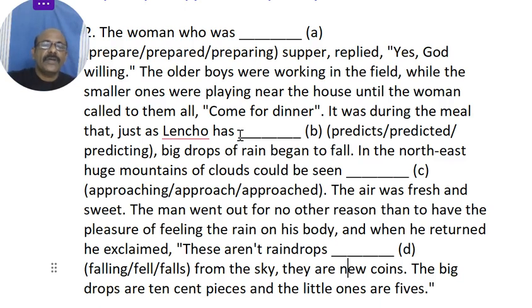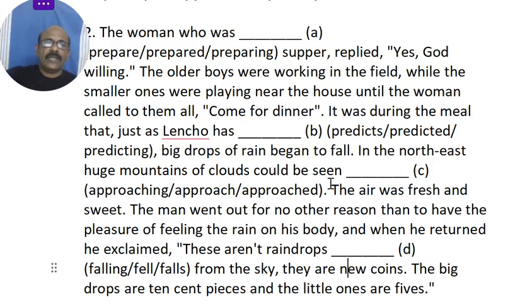Has plus verb, as we just discussed, that is V3, the third verb. So predicted. That you are using. V3 is coming.